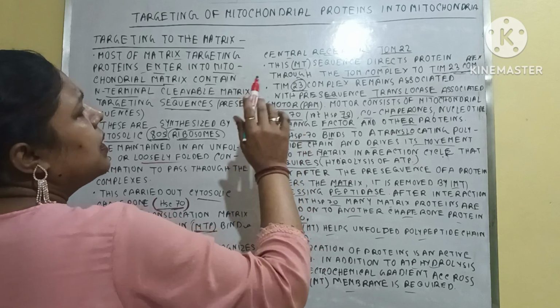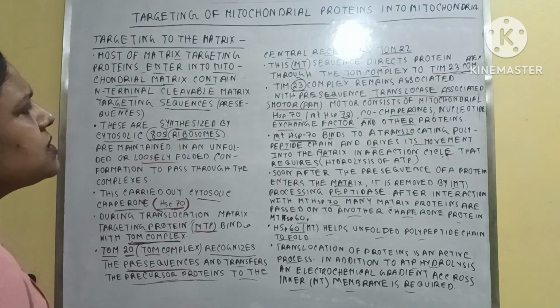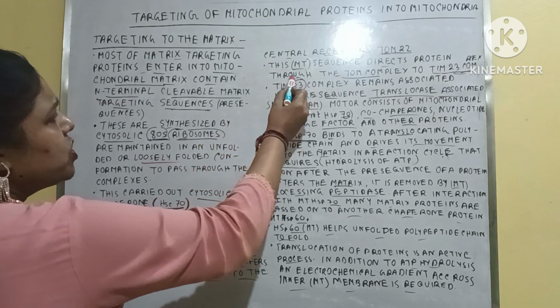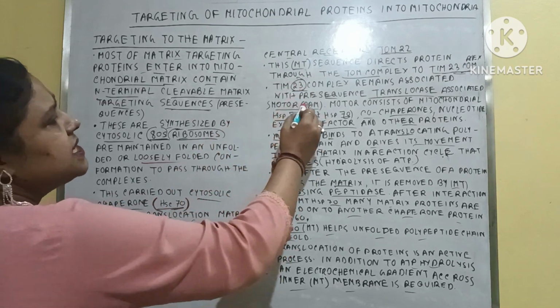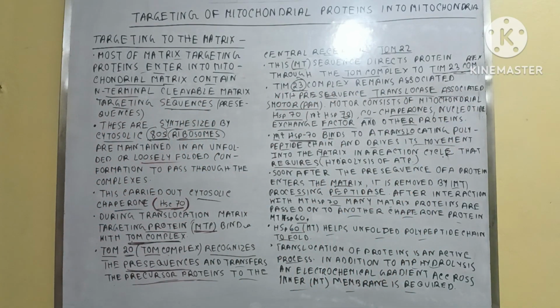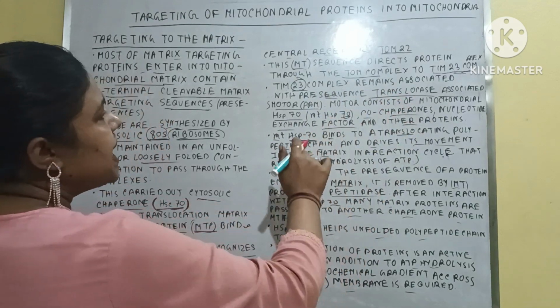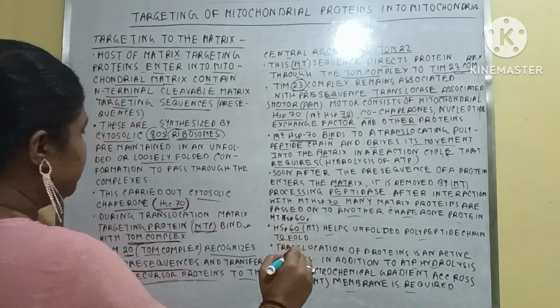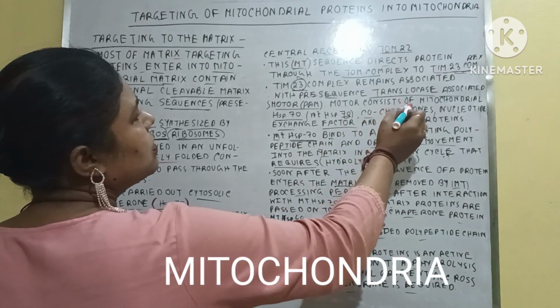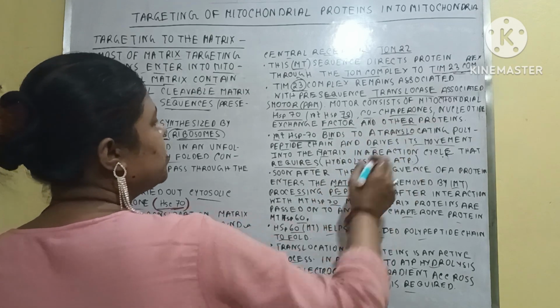TIM23 contains the pre-sequence translocase-associated motor. This motor is another complex, because it consists of different proteins: mitochondrial HSP70, co-chaperones, a nucleotide exchange factor and other proteins.